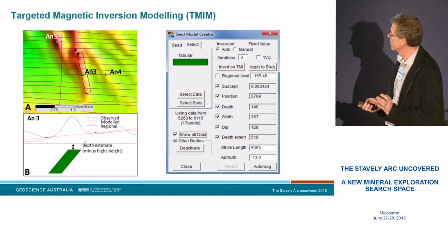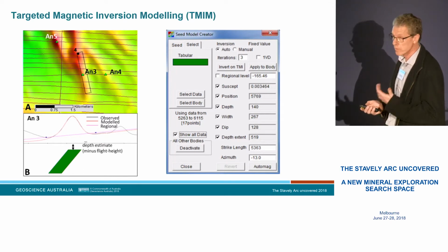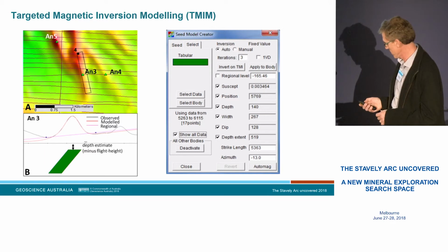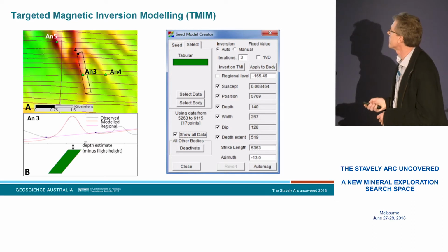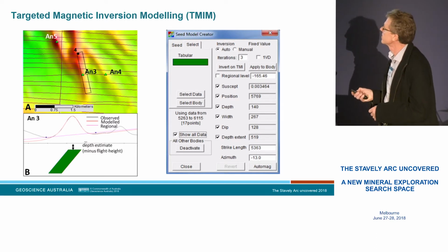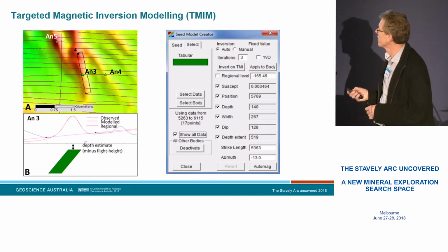So the method we're using is basically targeted magnetic inversion modelling, or TMIM for short. So there's a magnetic image at site 4, with these northwest trending magnetic features. And these are the flight line data. So we're working with airborne flight line data.